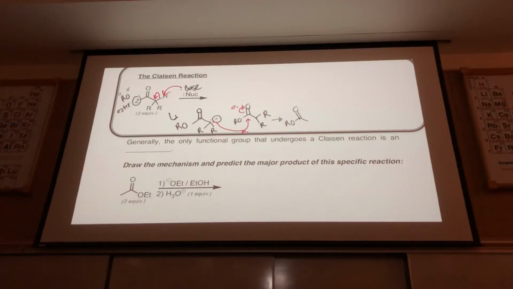So that carbonyl's here, we still have our two R groups. Okay, so enolate stays intact as usual. New bond, carbonyl that opened is here.